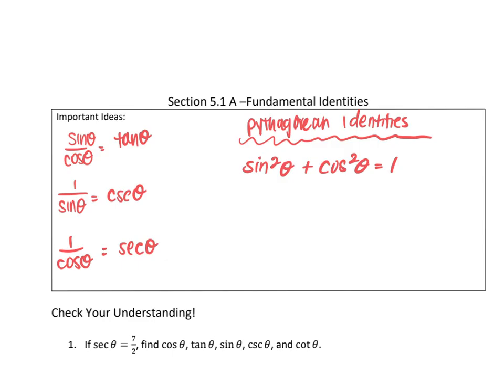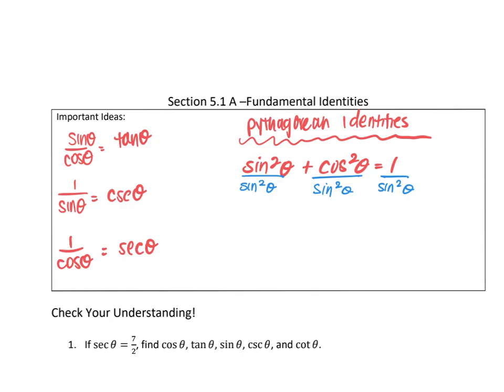So I'm going to show you how to derive it. To get the second Pythagorean identity, you can divide everything by sine squared. Now I'm going to end up erasing this blue writing, so don't feel like you have to copy it right now. I'm just showing you how to get to the next identity.